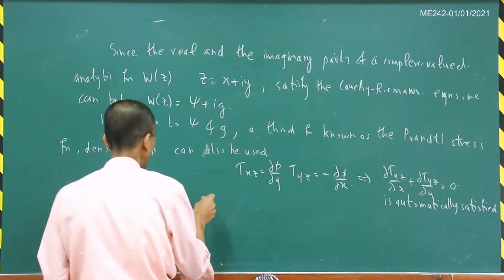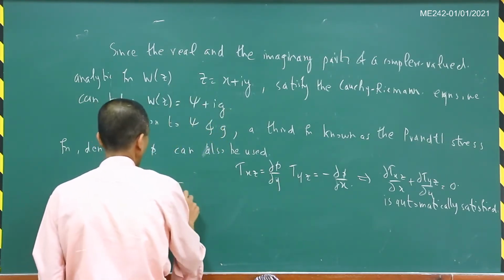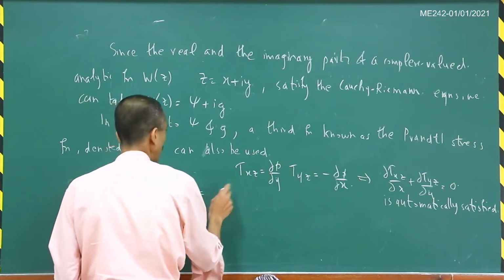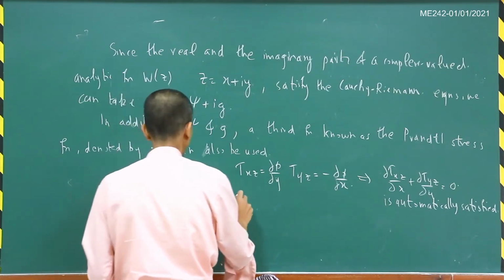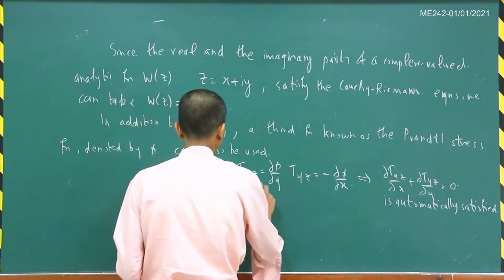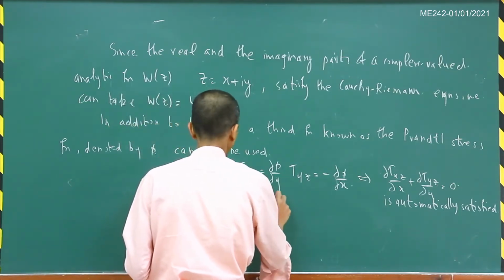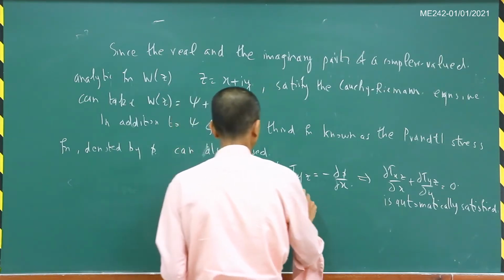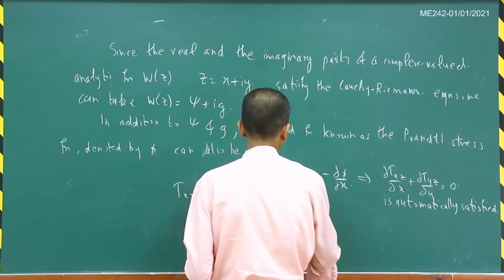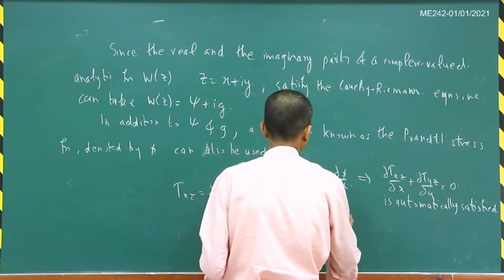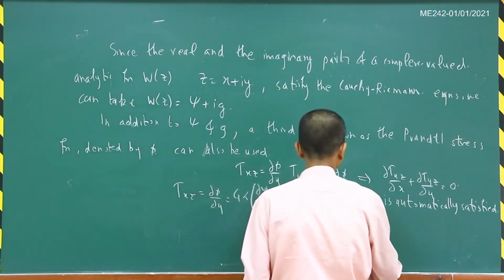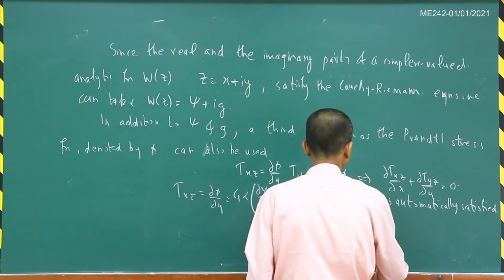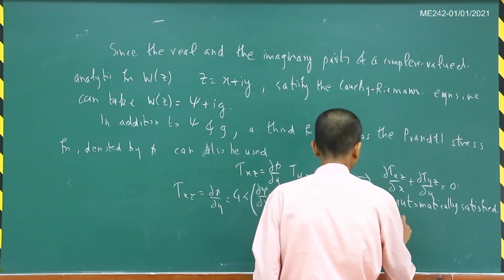So tau xz is equal to del phi by del y, which is equal to G alpha times (del xi by del x minus y), and similarly tau yz is equal to minus del phi by del x, which is equal to G alpha times (del xi by del y plus x).